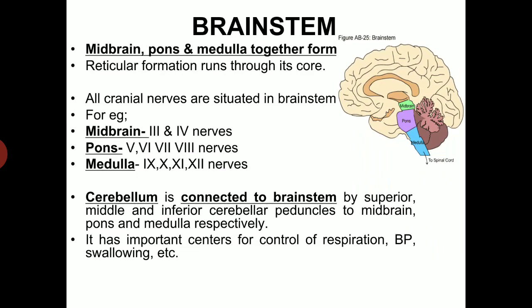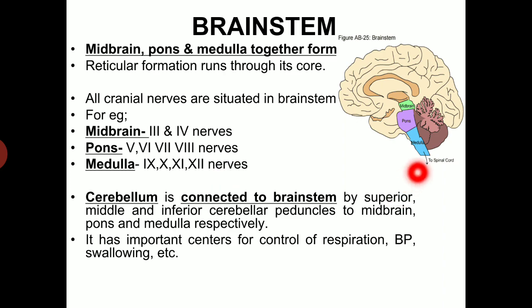Now coming to the brainstem: midbrain, pons, medulla. Now importance of the brainstem. All the cranial nerves are situated in the brainstem. For example, from the midbrain there is origin of the third and fourth cranial nerves. From the pons, fifth, sixth, seventh, eighth cranial nerves. And from the medulla, 9th, 10th, 11th and 12th cranial nerves.